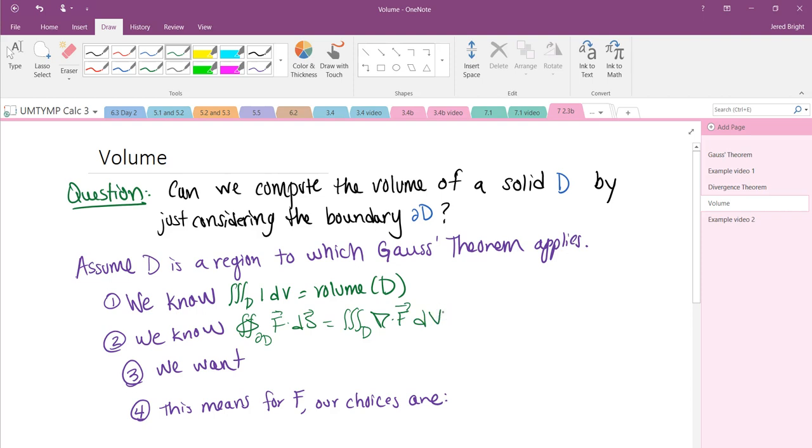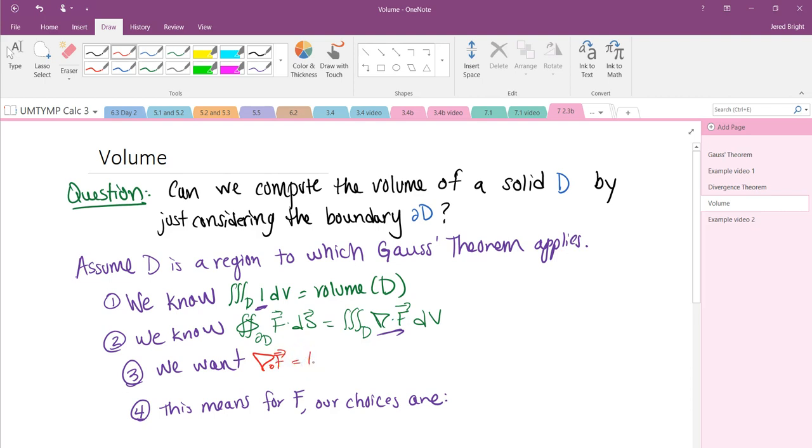Now really what we want is for this to be the same as that. So what we really want is the divergence to be 1.